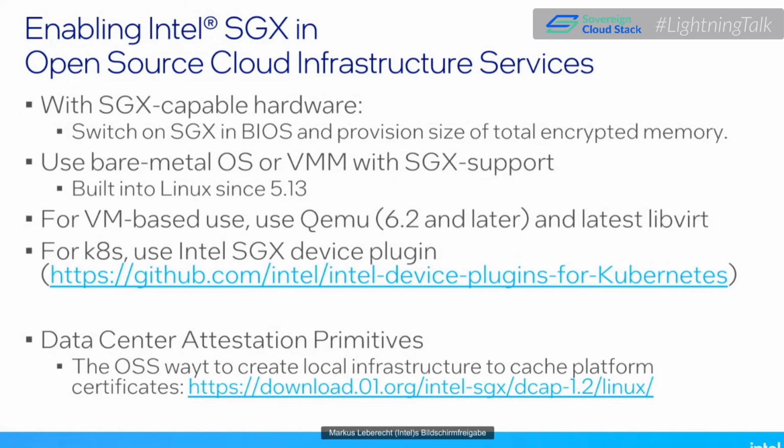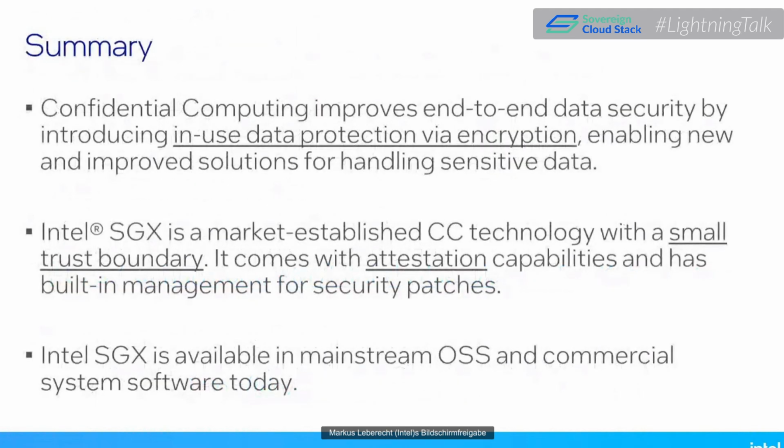So to summarize, confidential computing improves end-to-end data security by introducing this in-use data protection via encryption. And that is, in some cases, critical for new and improved business solutions for handling sensitive data in sensitive verticals.